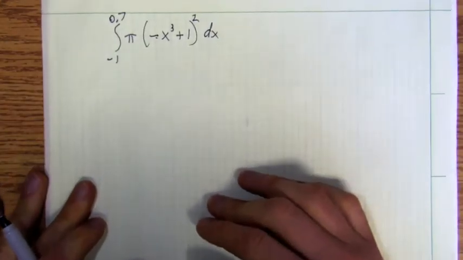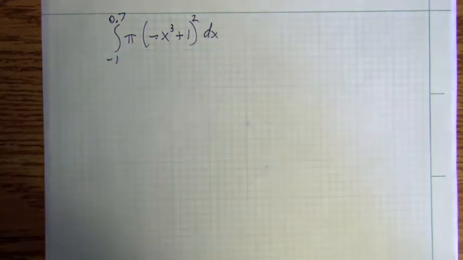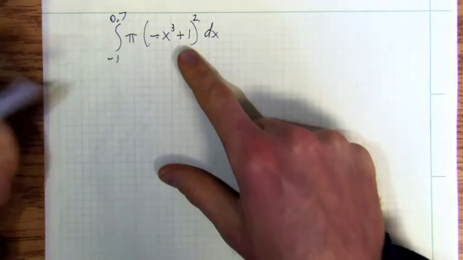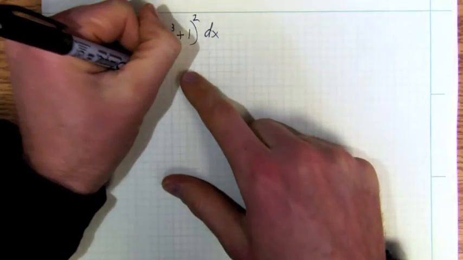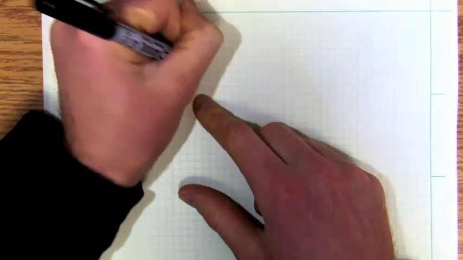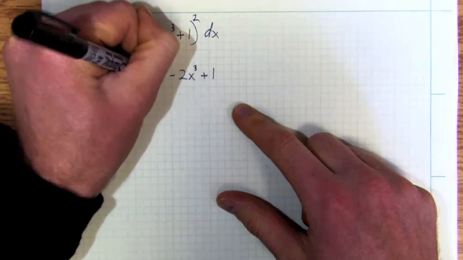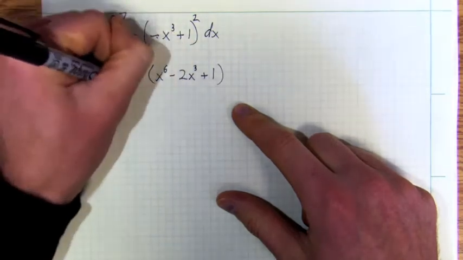Now this one I actually don't need a numerical integrator for, so I might as well just do it. Let's FOIL that out. So I get x to the 6th minus 2x cubed plus 1, all of that multiplied by pi.